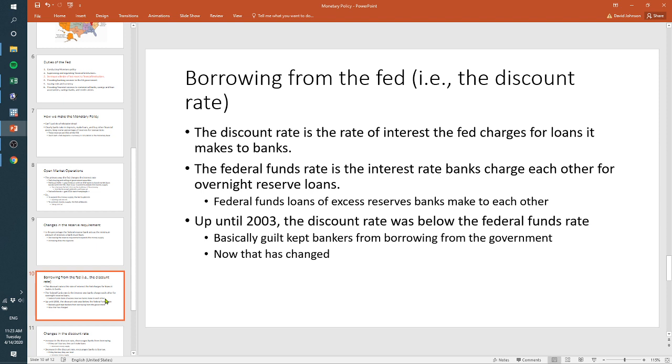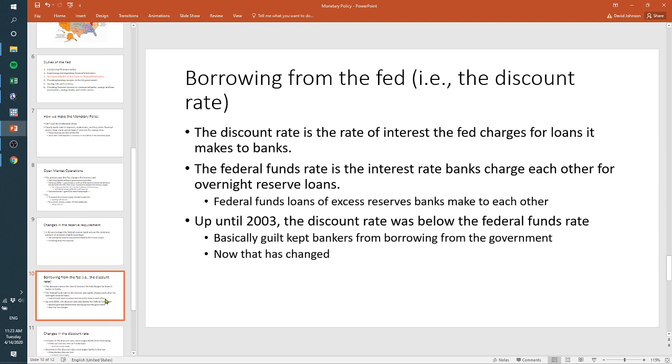In fact, I thought I made an error when looking at the slides because it's been a little while since I looked at this material. But the discount rate is the tool of the Fed, and it's the interest rate the Fed charges banks to borrow money. The federal funds rate is the interest rate banks charge each other to borrow funds.